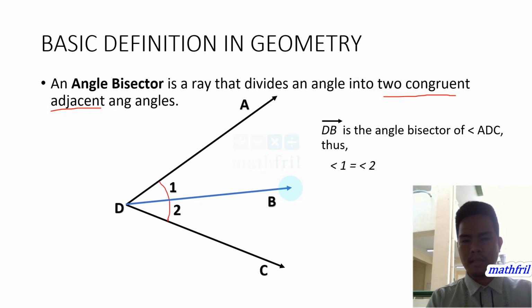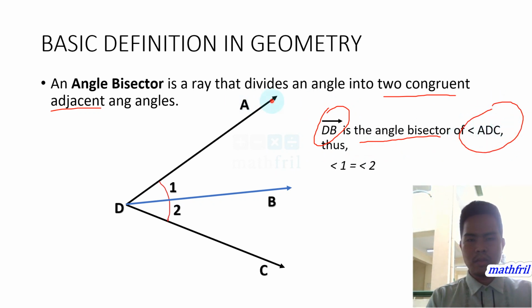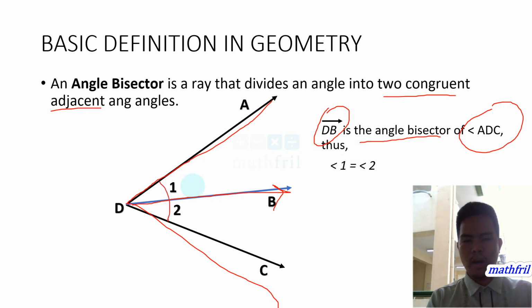That is angle bisector. So ray DB is the angle bisector of angle EDC. So here E, D, and C are the angles with the angle bisector ray DB. It means that angle 1 is equal to angle 2. So that's the idea of angle bisector.